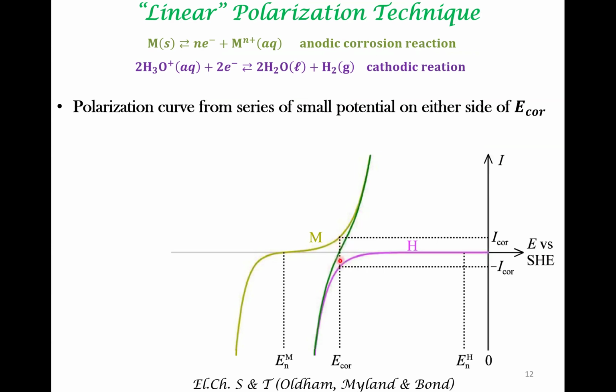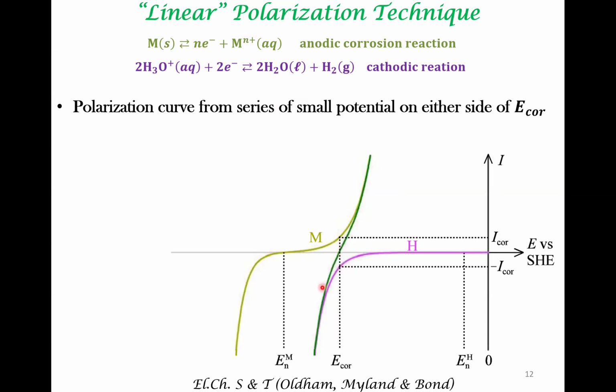Once this potential is established, you do a measurement corresponding to either side of E corrosion and get this green curve. Why is it called linear? Because very close to E corrosion, this curve, which is nonlinear, is expected to be linear. Because of this reason, it is called the linear polarization technique.